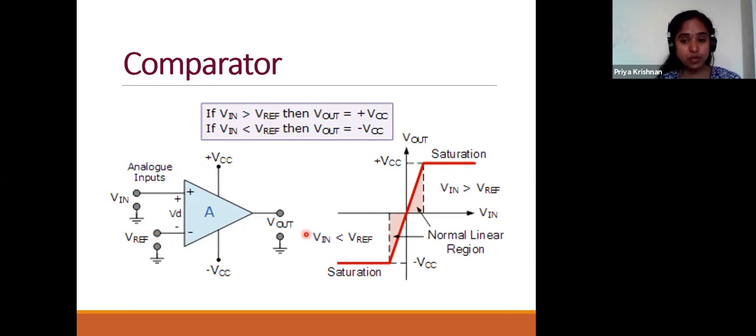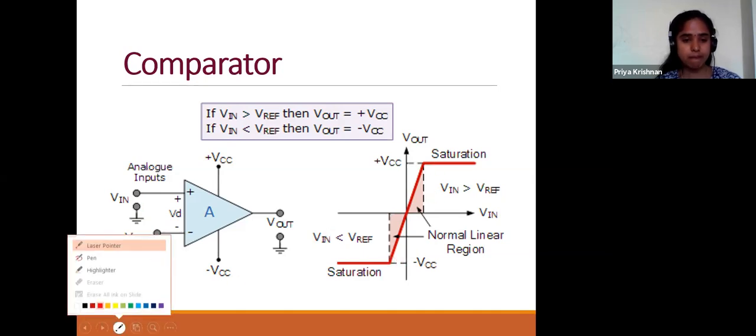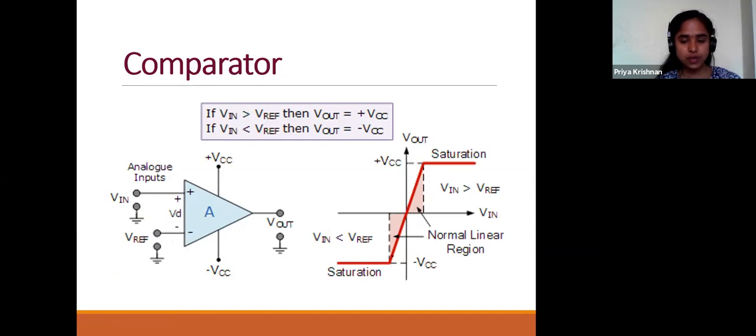If there is no feedback, I won't get the linear region, correct? So we will go to this region or this region directly. If my V in is greater than V reference, V out will be equal to plus VCC, which is the saturation.